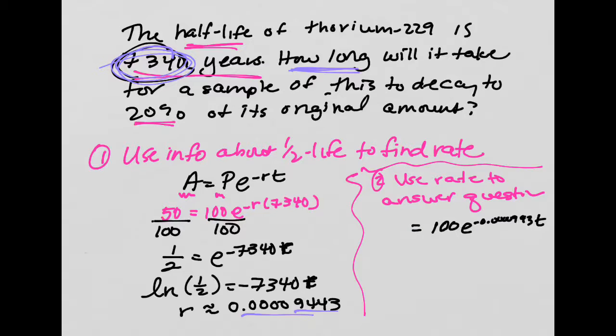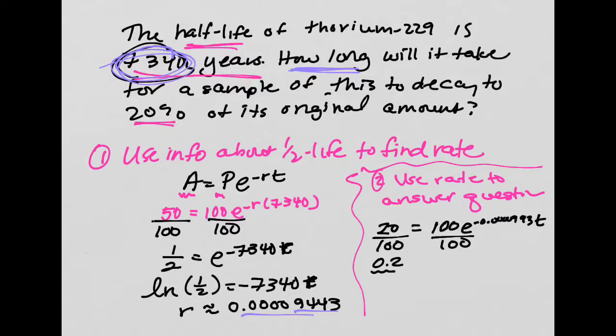If it's 20% of its original amount, and I started with 100, then hopefully it makes sense that I'm left with 20, right? 20 is 20% of 100. But the bottom line is once I divide through here, I'm going to be left with 0.2 over here. This is what represents that 20% of the original amount.